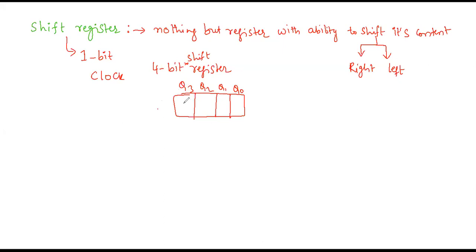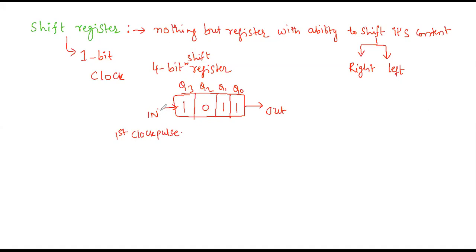Now consider 1011 is already stored in the register, and we are giving some input. Whenever you apply a clock, the first clock pulse, the input value will be shifted inside the register and Q0 will come out of the register.